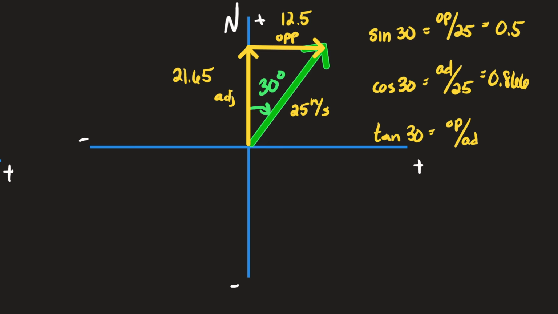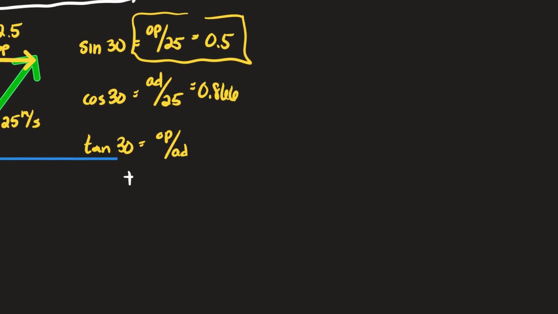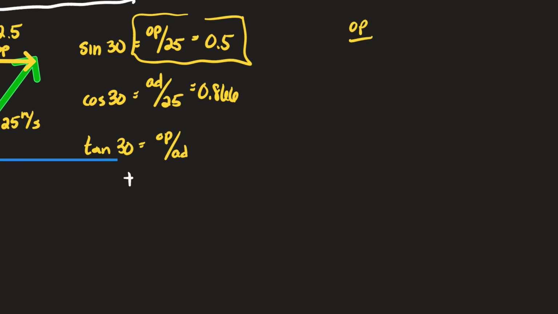Sure. I'm going to solve for opposite here, where I have opposite over 25 equals 0.5. I'm going to multiply both sides by 25. That cancels out the 25 here, and I get opposite equals 25 times 0.5, which is 12.5.